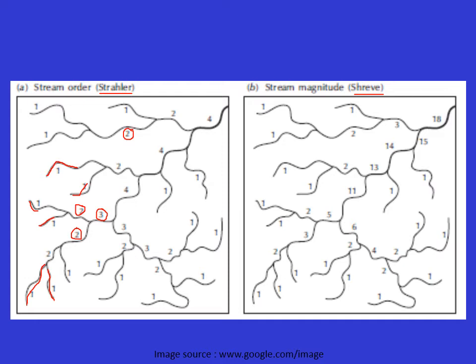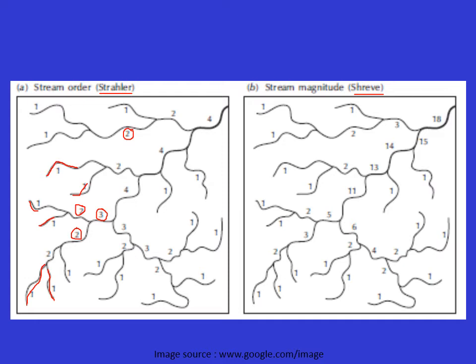So whenever two rivers of the same order meet with each other, after meeting, the following river will be of the next higher order. But when a higher order river meets with a lower order river, then the stream order remains what the higher order river was.